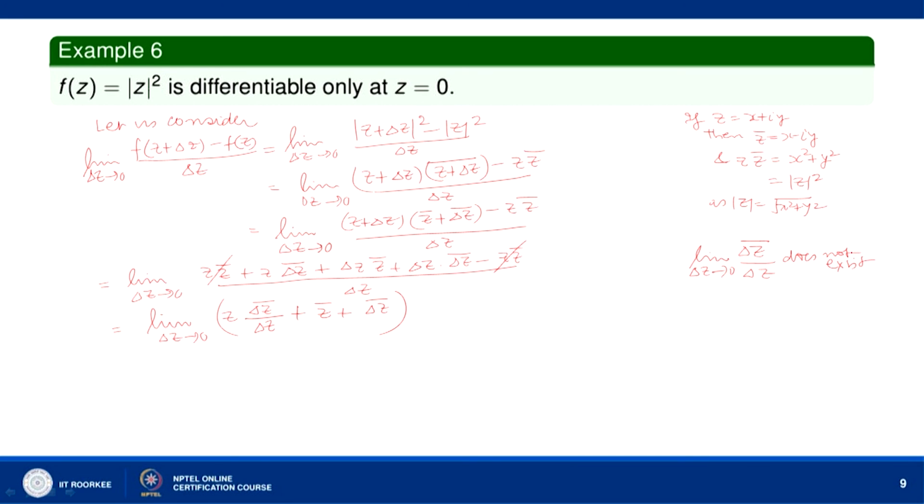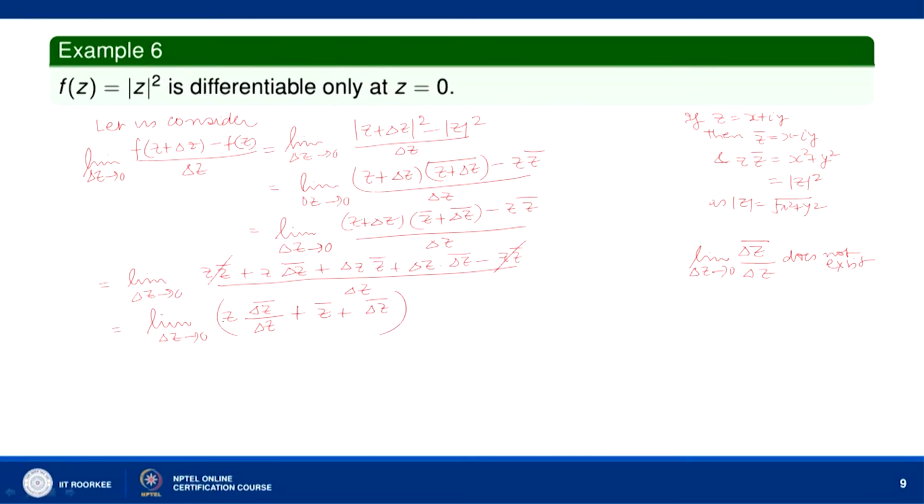While proving that f(z) equal to z conjugate is not differentiable for any z, we have shown that the limit of delta z conjugate over delta z as delta z goes to 0 does not exist. So, if z is not equal to 0, this limit will not exist. Okay? If z is equal to 0, this term will become 0.